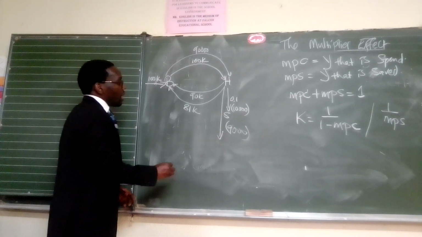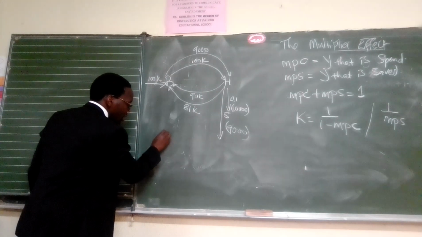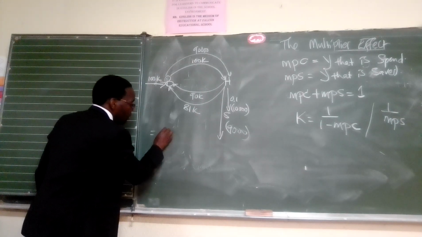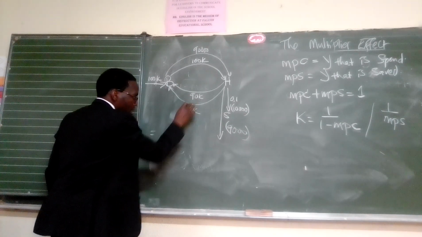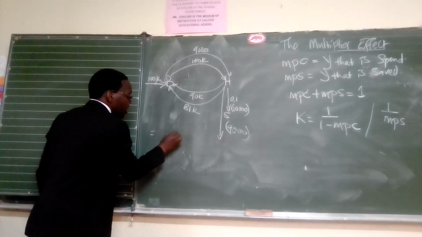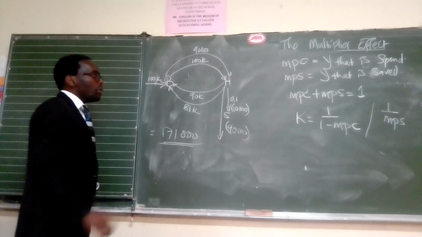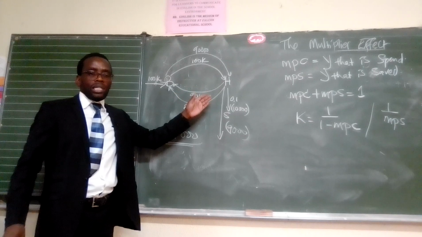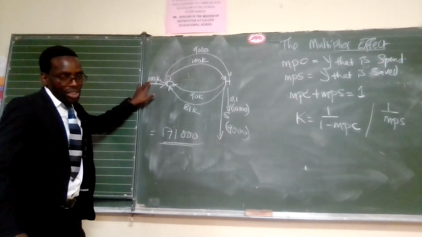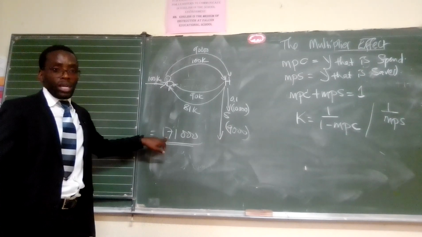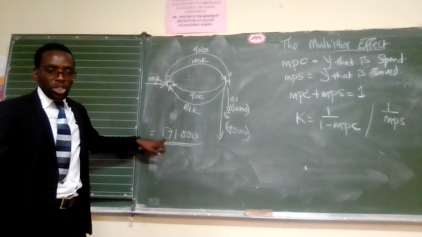So our national income has now increased from 100,000, which was the injection, to 90,000 plus 81,000, which is now 171,000. That's the new value. But remember, this can continue indefinitely. What I wanted to explain is that 100,000 was what was injected, but we now have 171,000 in terms of the changes in national income.